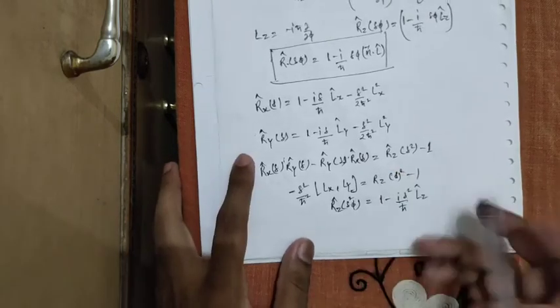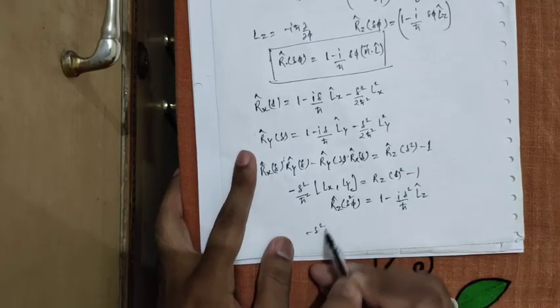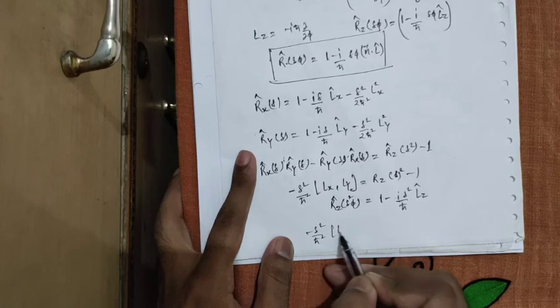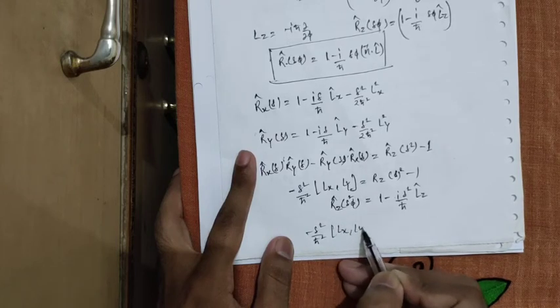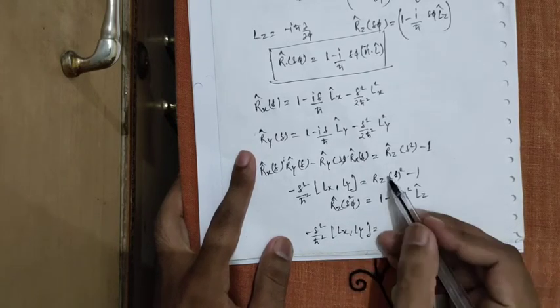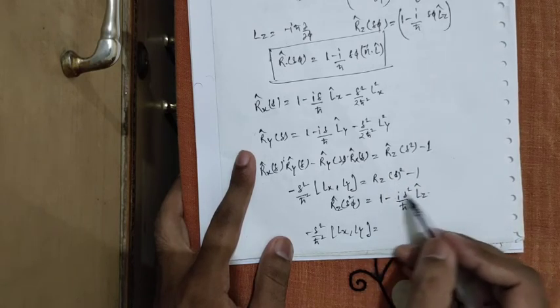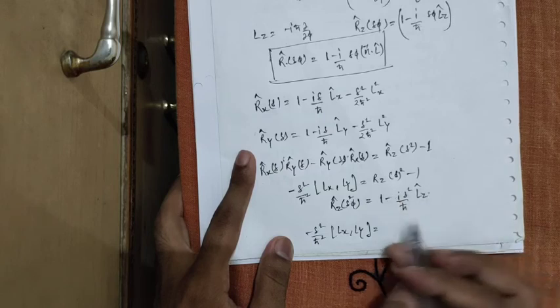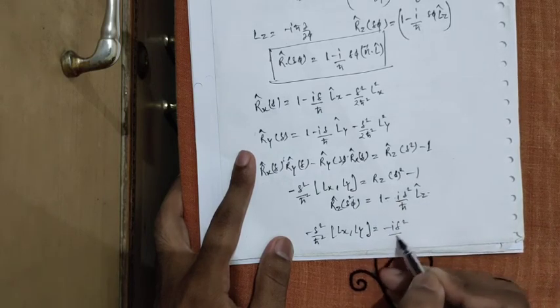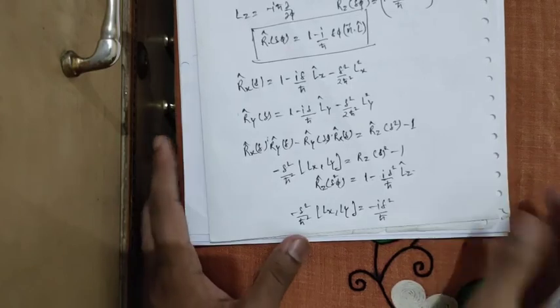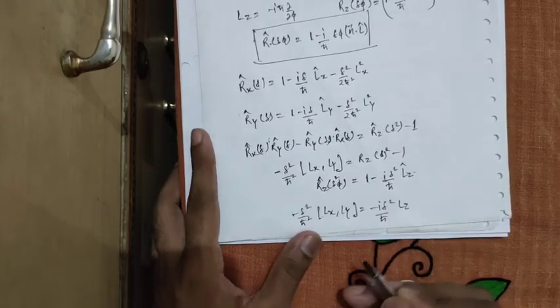Substituting this relation here, we get minus del square by h cut square the commutator of Lx and Ly equals Rz del square minus 1, which is minus i del square over h cut Lz.